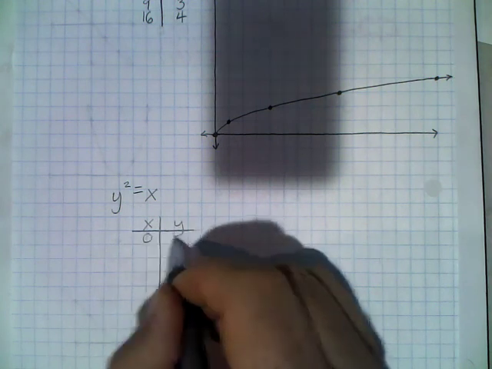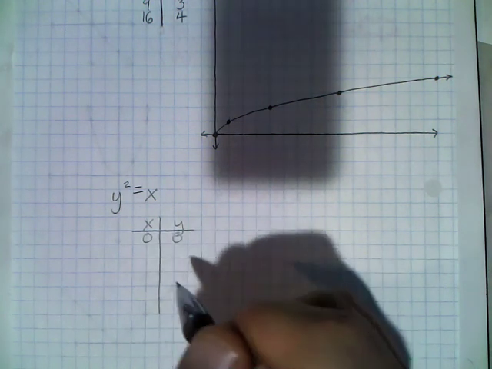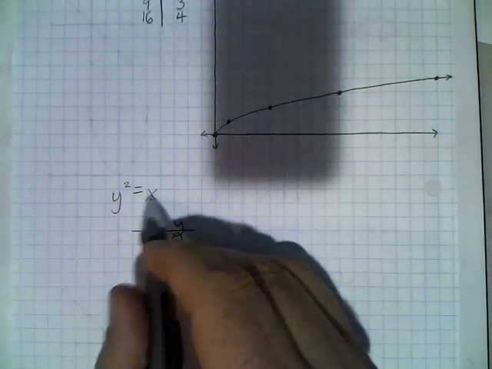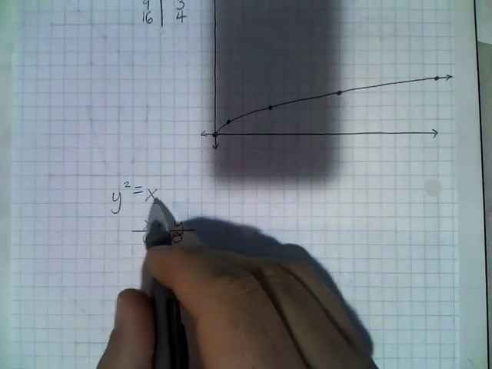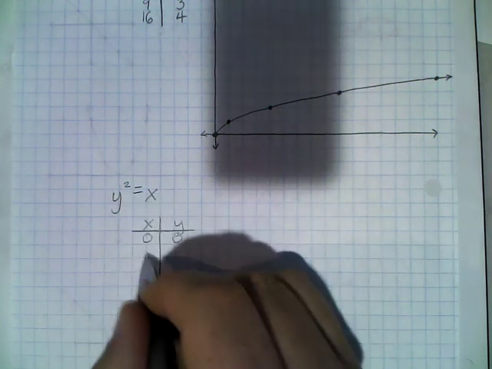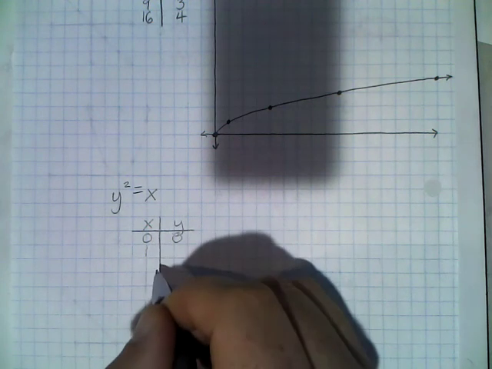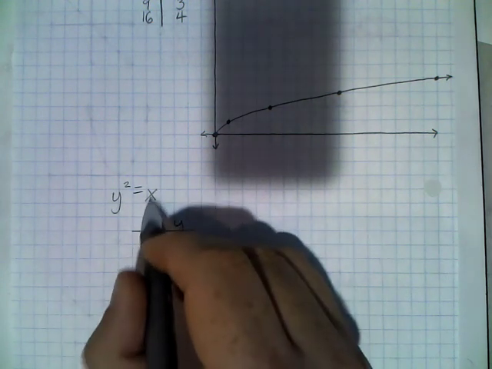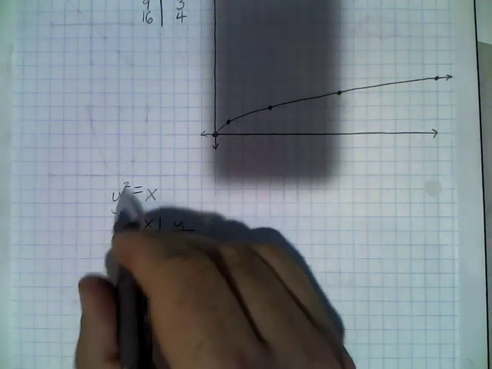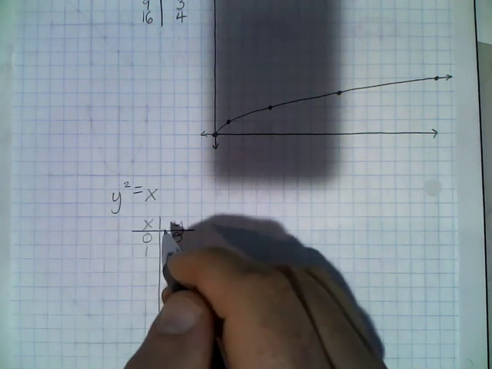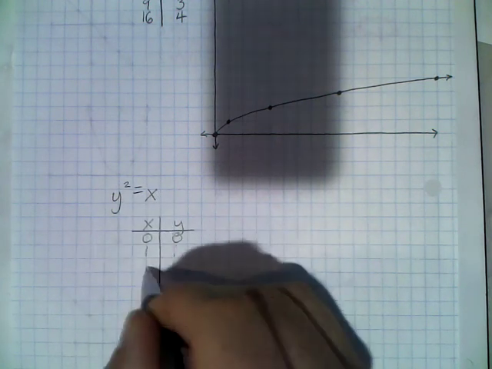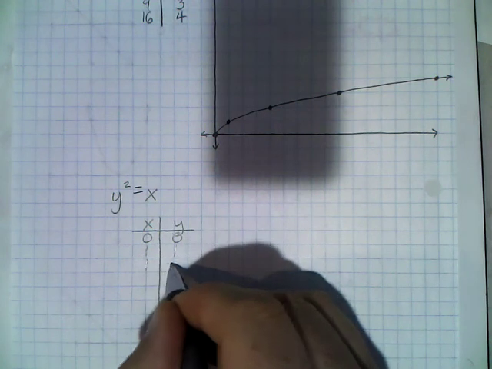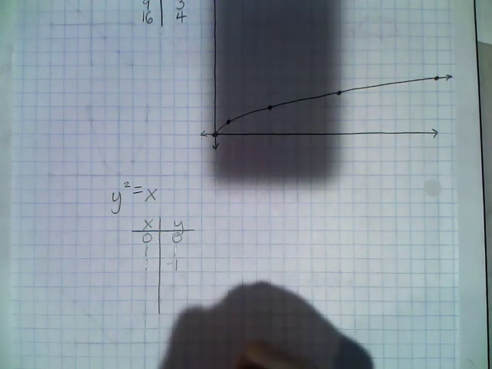Obviously, I plug in 0, I get out 0. The only way that I can square something and get 0 is if it's 0. But if I put 1 in, so if x is 1, what would you square to get 1? Well, I could square 1 to get 1, or I could square -1 to get 1.